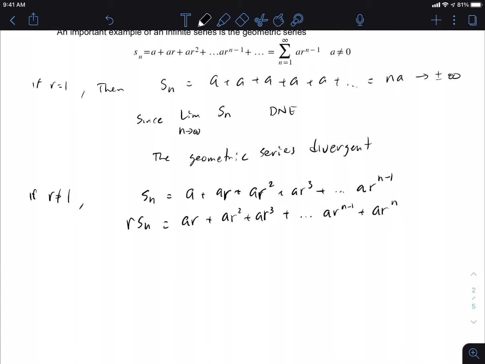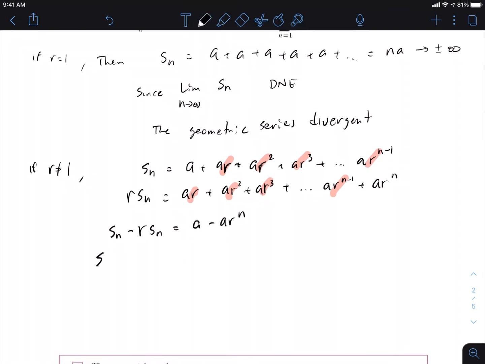Now the manipulation I'm going to do is S sub n minus r S sub n is going to be equal to the right side subtracted, and we see that that's going to be A minus Ar to the n. Just so you can see, this would cancel this one, this would cancel this, and this would cancel this, and that's how I end up with that value.